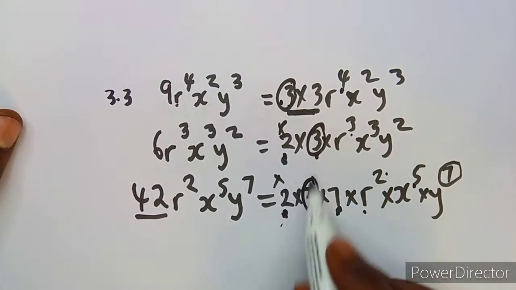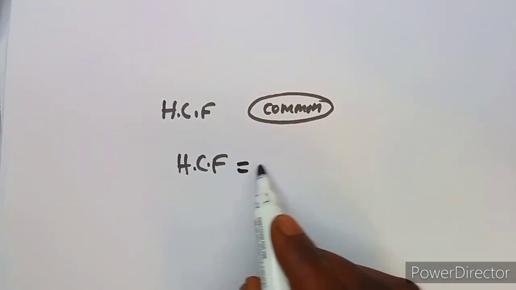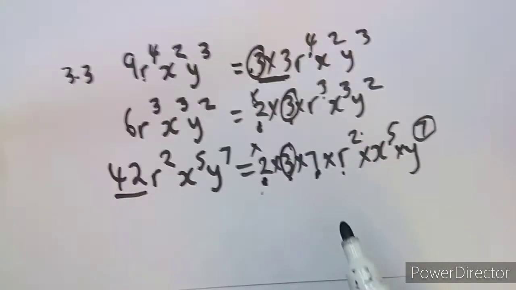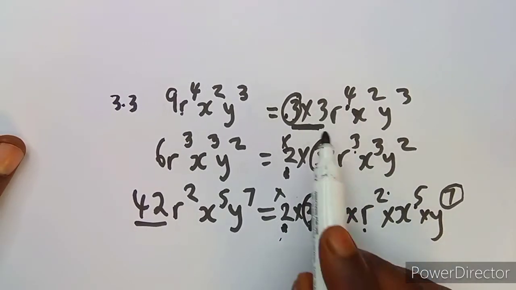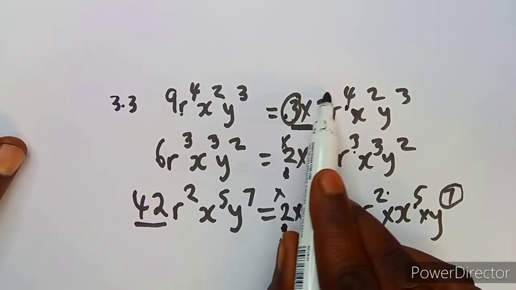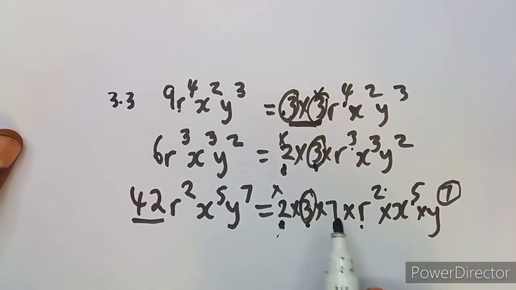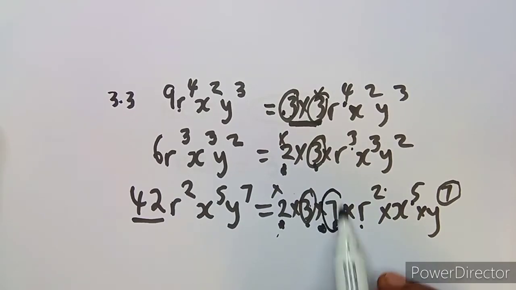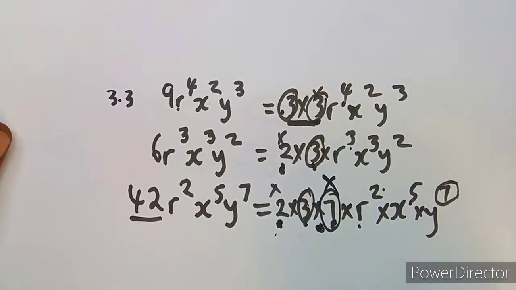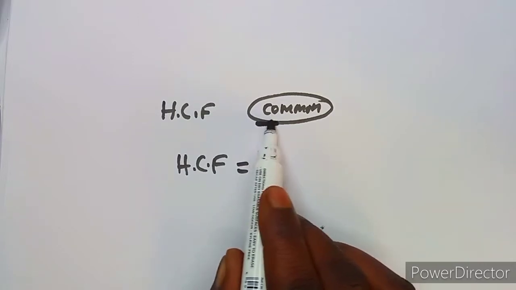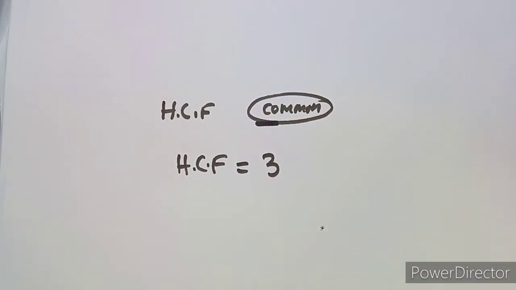So you take the number which is common. So 3 is common throughout. These other 3 cannot be taken. Why? Because we have already taken this one. We are no longer having any 3 that is left, so there's nothing. 7 is not common, so you can't take this. HCF, everything has to be common. LCM, you take everything. All right.